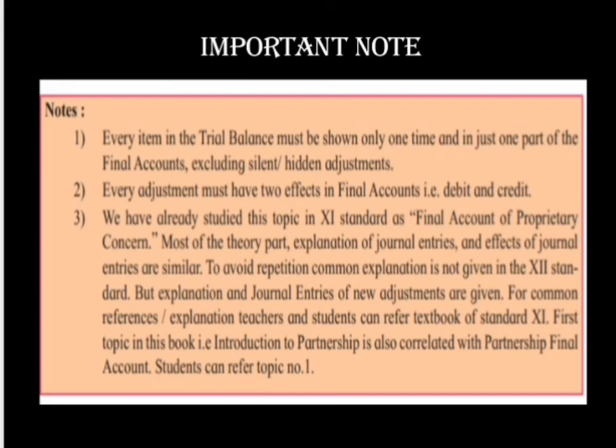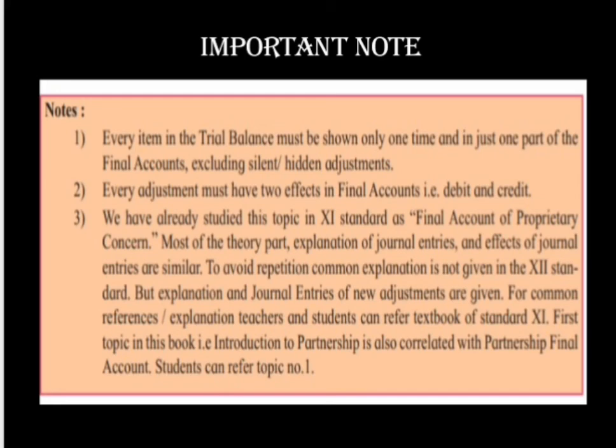Then come to the important notes. Before solving the problem, we should understand and remember the important notes. Actually, this final account is prepared with the help of trial balance and few adjustments. Is that clear? Now, number one, every item in the trial balance must be shown only one time and in just one part of the final accounts, excluding silent and hidden adjustments.